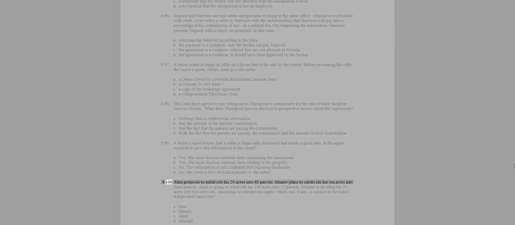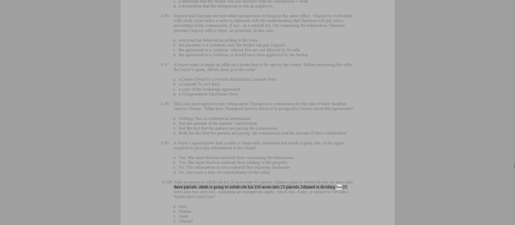S100. Max proposes to subdivide his 20 acres into 40 parcels. Minnie plans to subdivide her 6 acres into 3 parcels. Ahab is going to subdivide his 100 acres into 25 parcels.